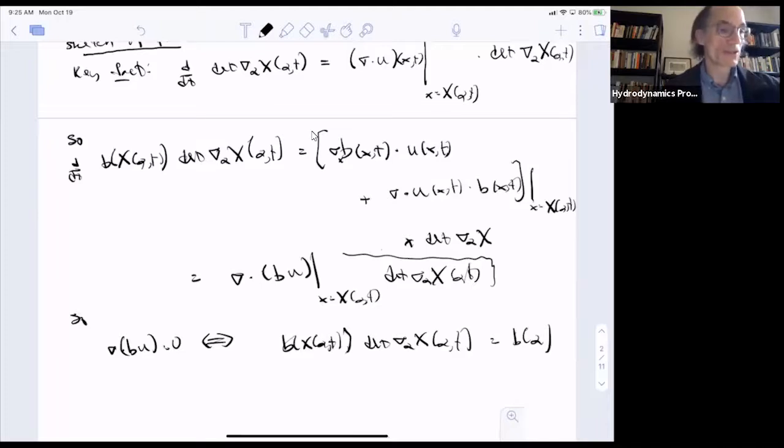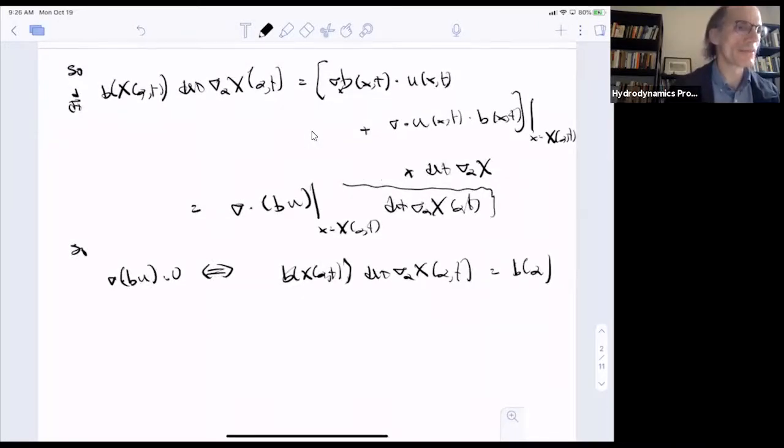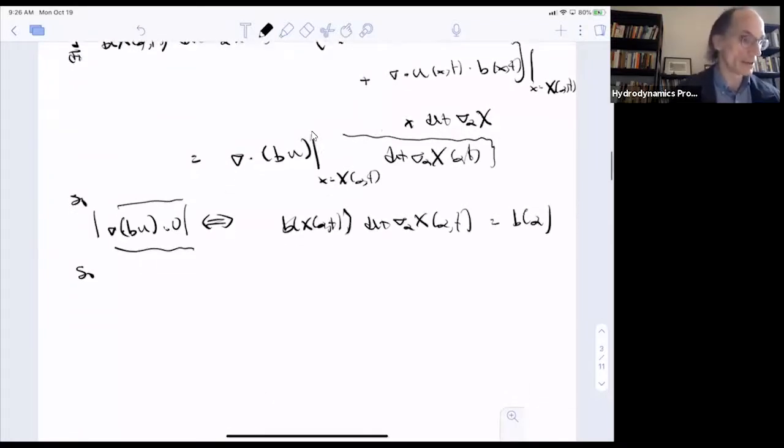Okay, so now I can prove the equivalence. I wanted to prove that this is equivalent to this volume preserving character. So let's look at this integral I have to evaluate, the integral over X(Ω, t) of b(x) dx.